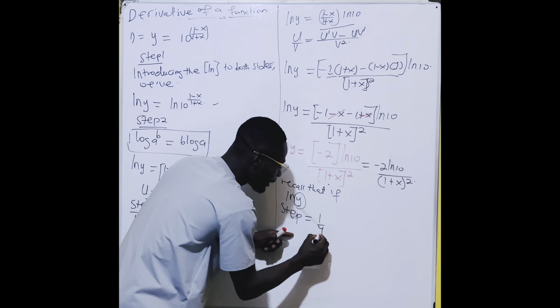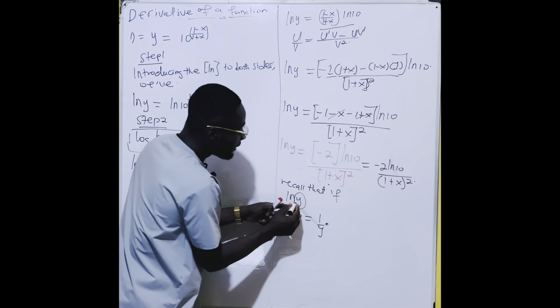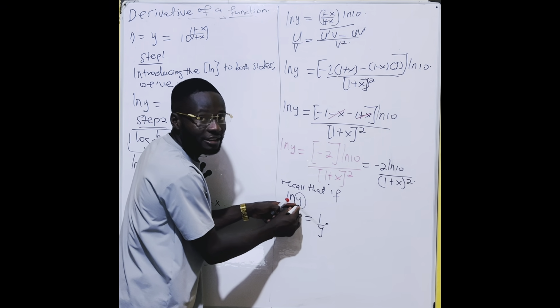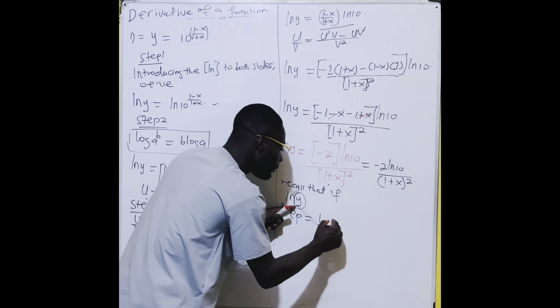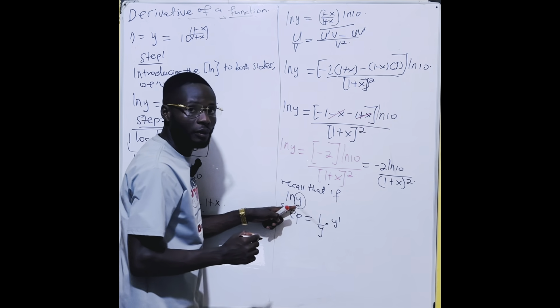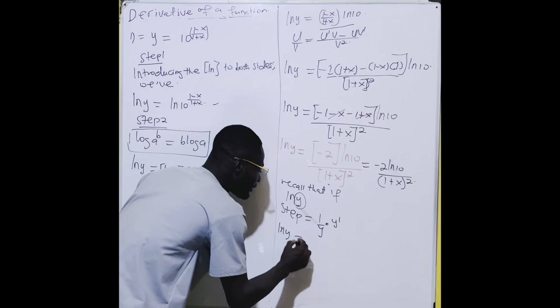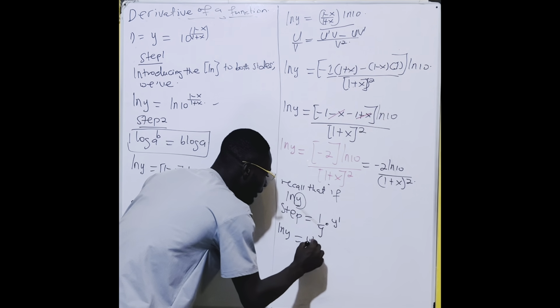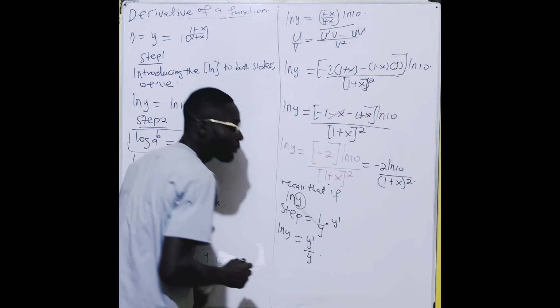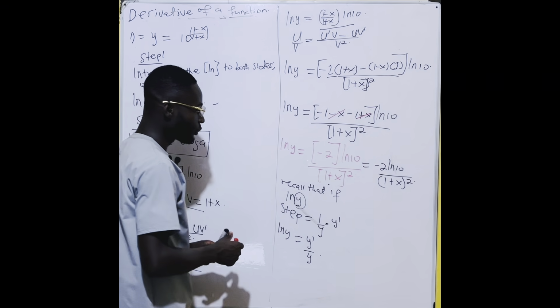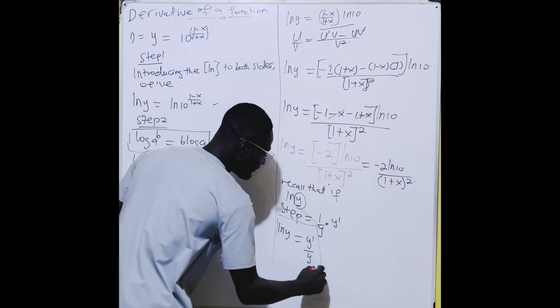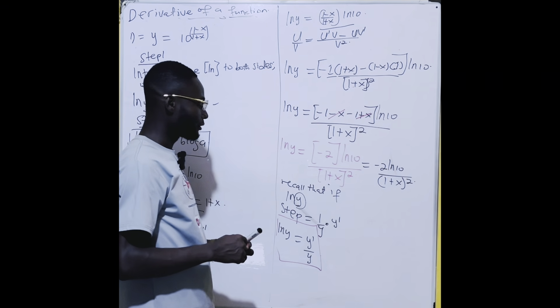So we have y here, times the differential of the function inside the ln. So we have y prime. Okay, so we can say that the derivative of ln y is equal to y prime divided by y. Okay, so that is the derivative of what? ln y.